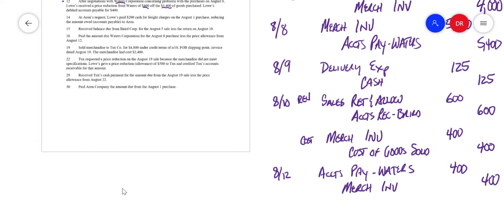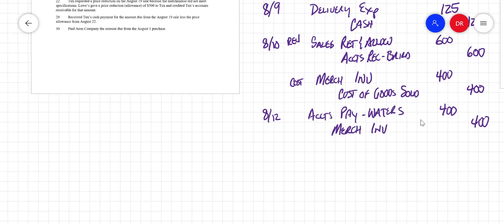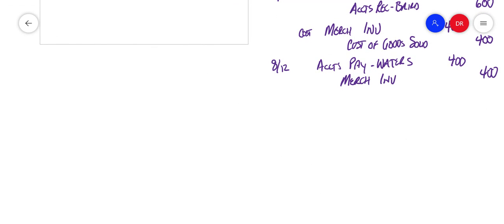Then on August the 14th, at Aaron's request, Lowe's paid $200 cash for freight charges on the August 1st purchase, reducing the amount owed accounts payable to Aaron. So what we're going to do is we're paying for the freight charges, but they're telling us we're going to get a reduction on our accounts payable.